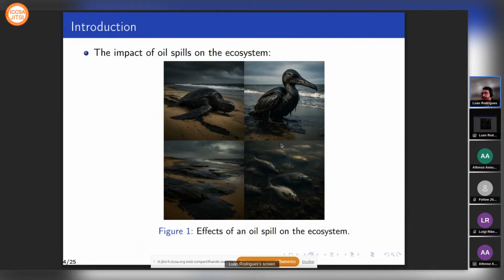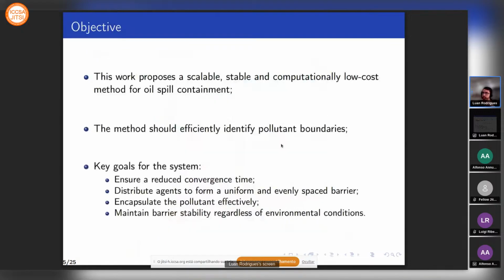So here we have an image of how the ecosystem is affected by this problem. And so these are the objectives of this work. It is proposed a scalable, stable, and computationally low-cost method for oil spill containment.